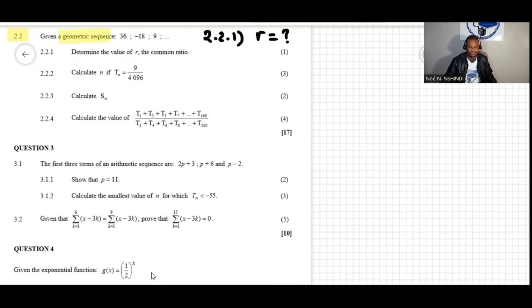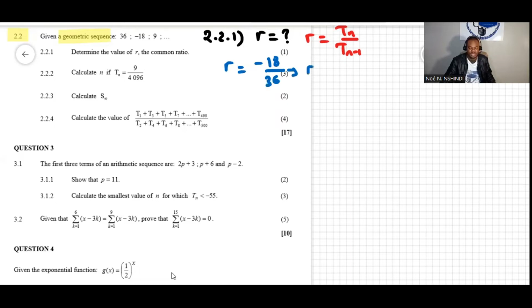Okay, so R is given by R equal to Tn over Tn minus 1. So R will be equal to -18 over Tn minus 1, which is the previous term, so 36.